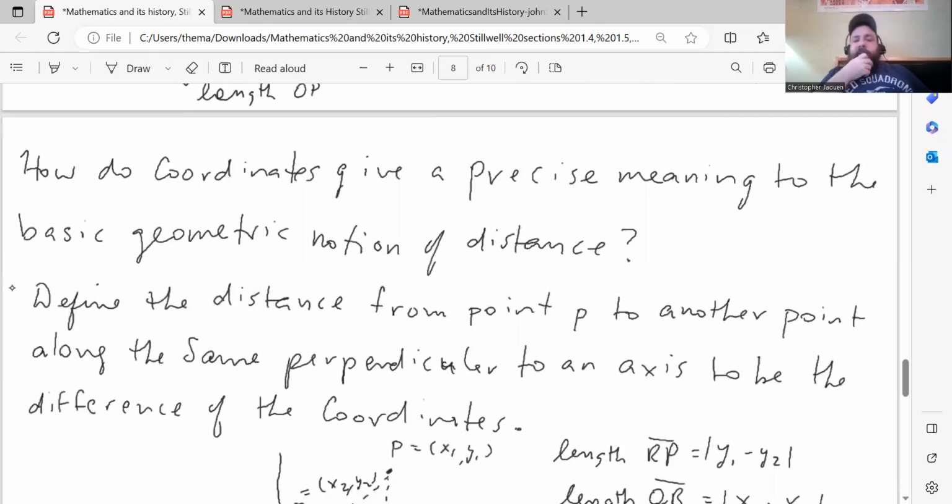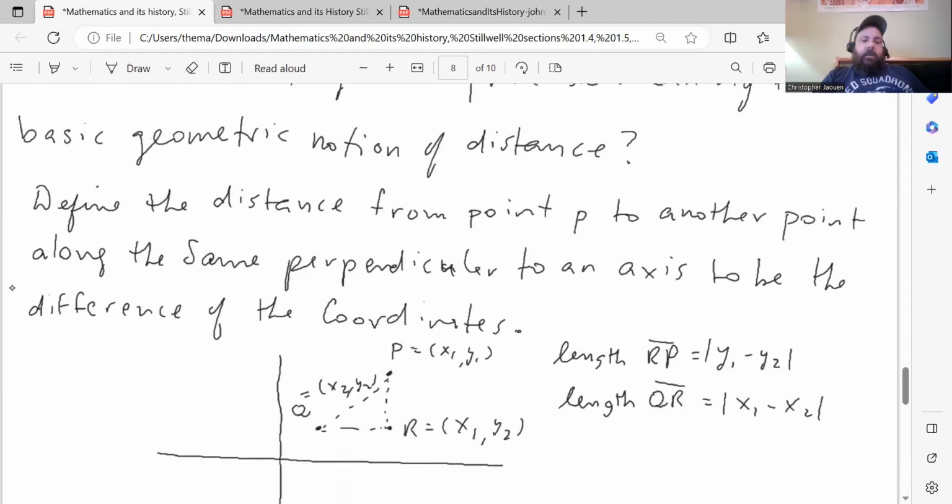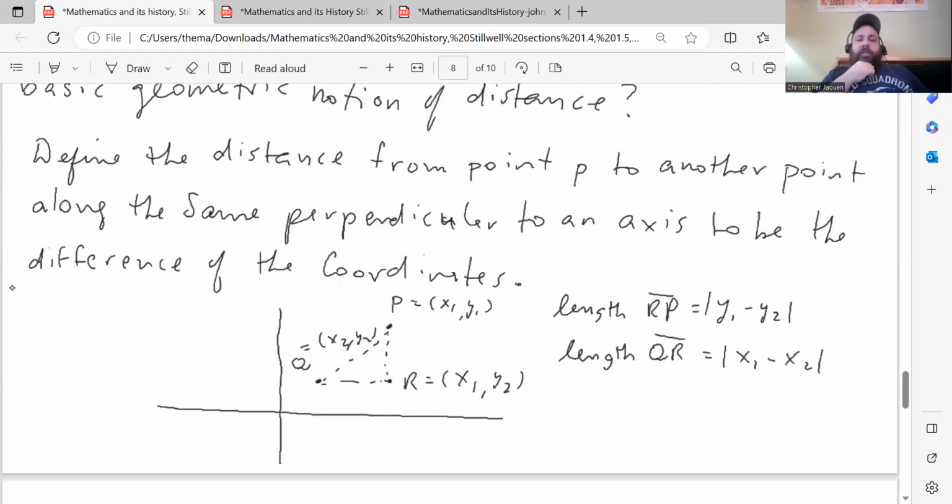Okay, how do coordinates give a precise meaning to the basic geometric notion of distance? Right, so we define the distance from point P to another point along the same perpendicular to an axis to be the difference of the coordinates. So in other words, if you look at the picture here, length RP has coordinates y1 minus y2 in absolute value, because they may be inverted.